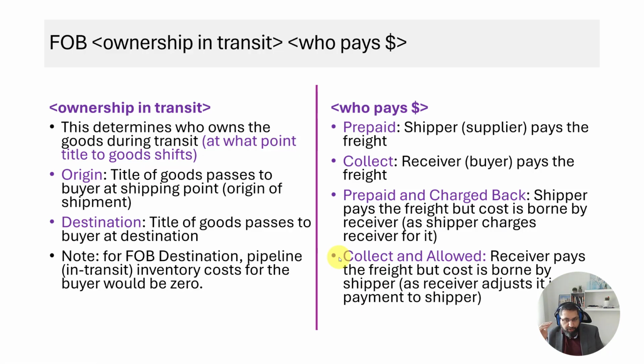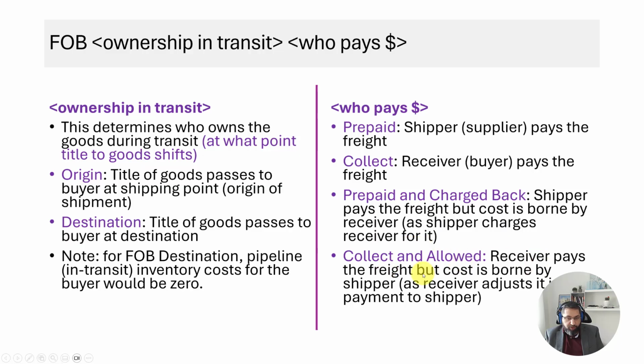So the invoice will have the dollar value of the goods you have to pay the supplier. Then the receiver will say, okay, since I paid the transportation company and I was not supposed to pay, like the cost is supposed to be part of the product or the supplier was supposed to pay, but I paid them, I'm going to subtract this amount from what I paid to the supplier. So it's allowed to deduct from the invoice.